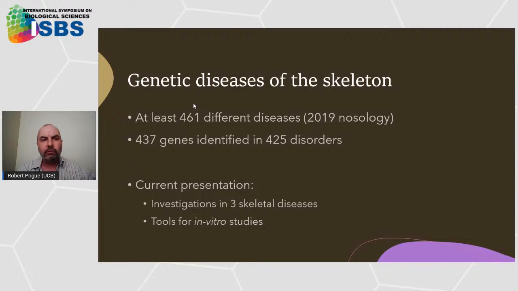For these, most of the genes have already been identified, especially in the last 10 to 15 years with the advent of next generation sequencing. And so far we have identified approximately 437 genes responsible for somewhere in the region of 425 of these disorders.